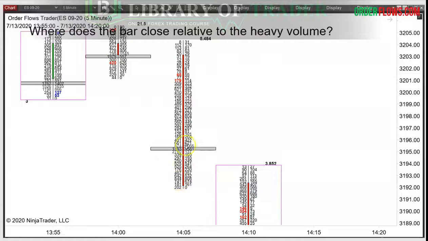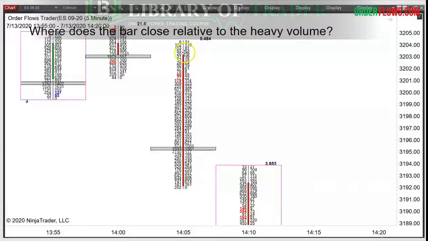Just look at some of these volumes at some of these levels: 1500 versus 1500, 2700 versus 137, 339 versus 195, 297 versus 193, 525 versus 264, 600 versus 500. Where are we closing? We're closing right on the low.